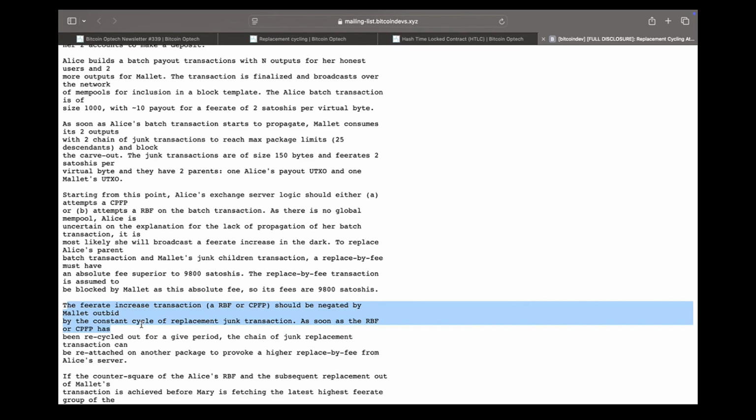Thereby, Mary might include in her mempool and in her block the original batch payment which Alice broadcasted, which is a low fee transaction.